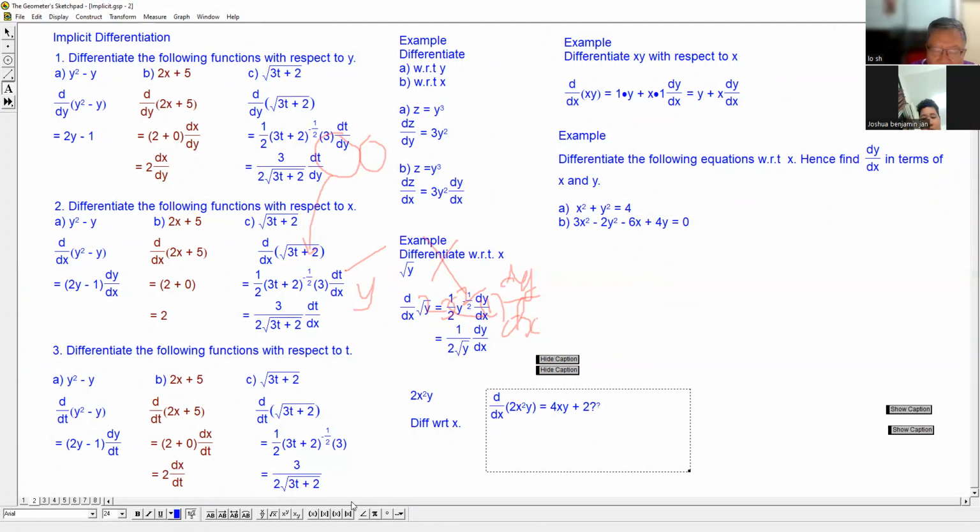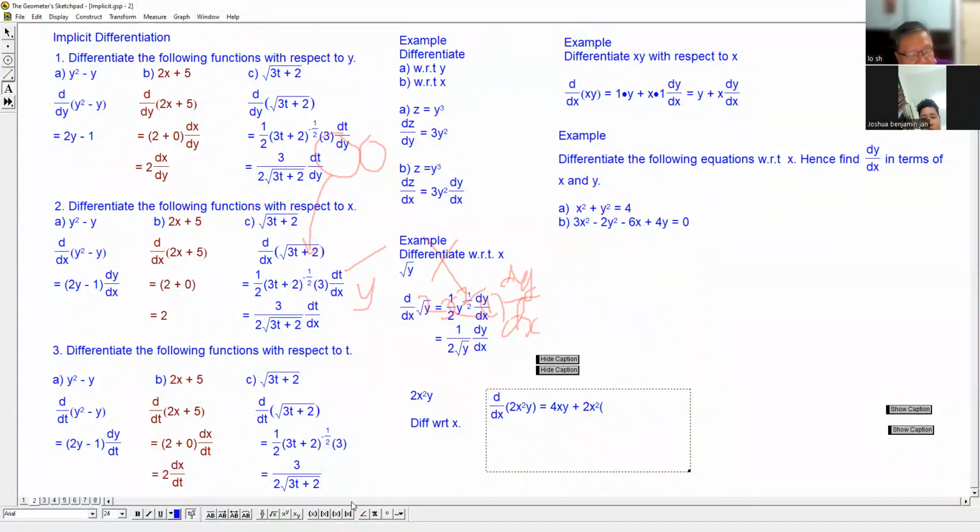This is 2x squared. Then you have to differentiate the y.